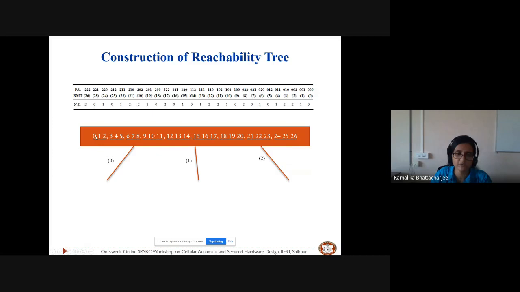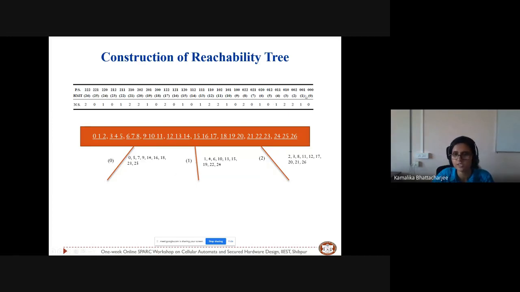Now let us see 0, 1, 2: RMT 0 has next state value 0. For 3, 4, 5, RMT 5 has next state value 0. Similarly, for 6, 7, 8, RMT 7 has next state value 0. In this way, we can find all the RMTs which have next state value 0, and we put them in the 0 edge.